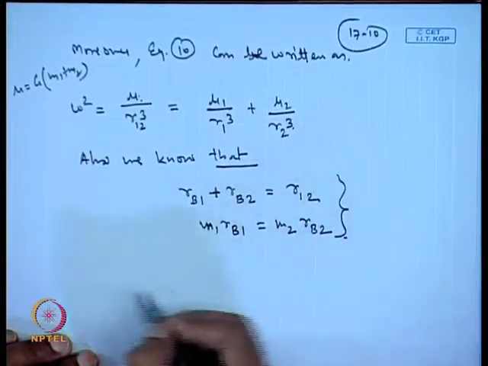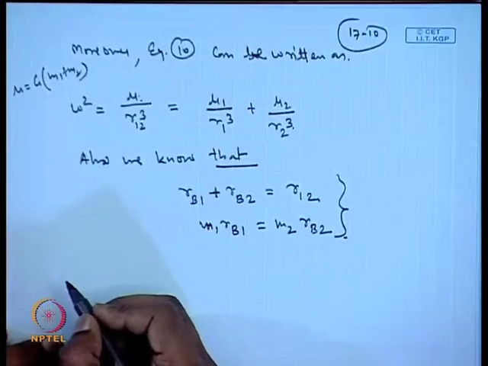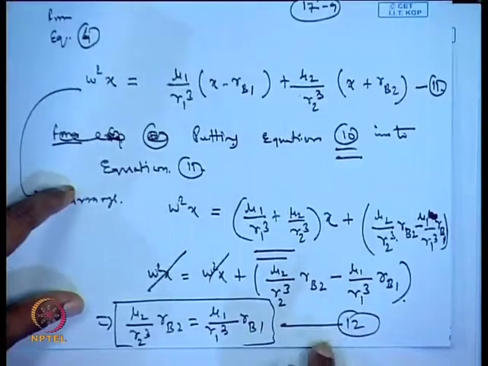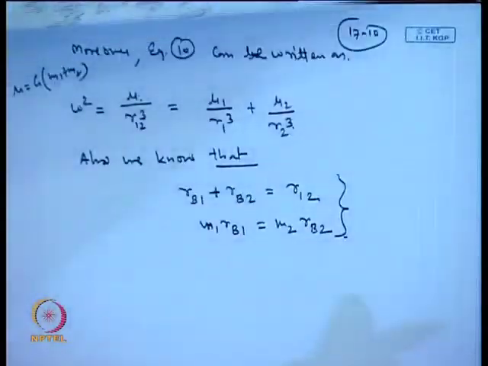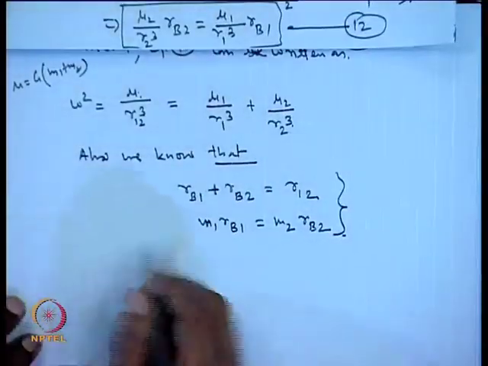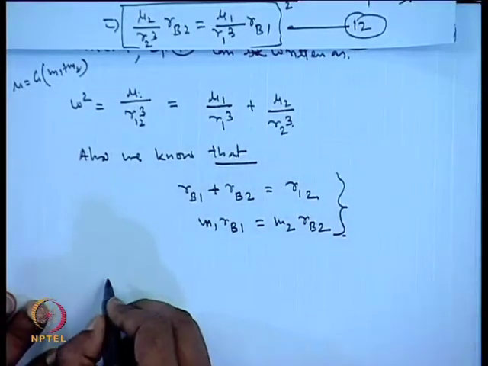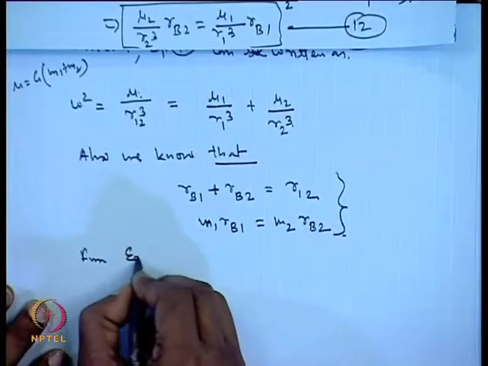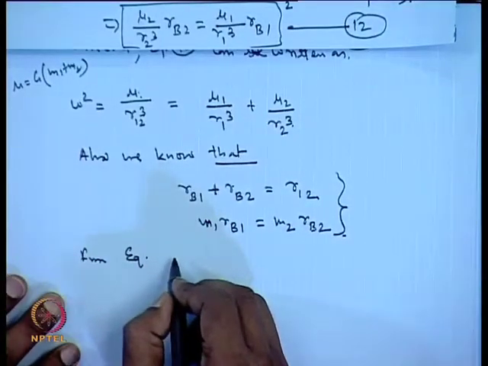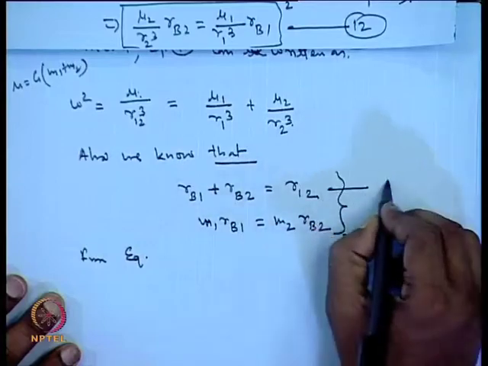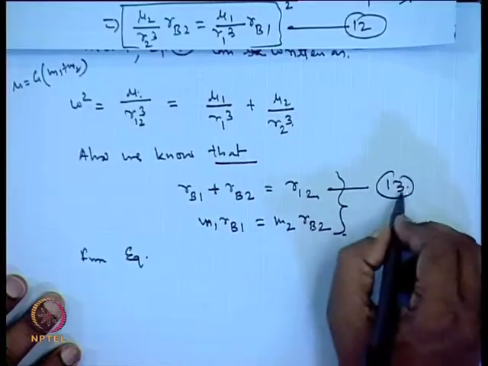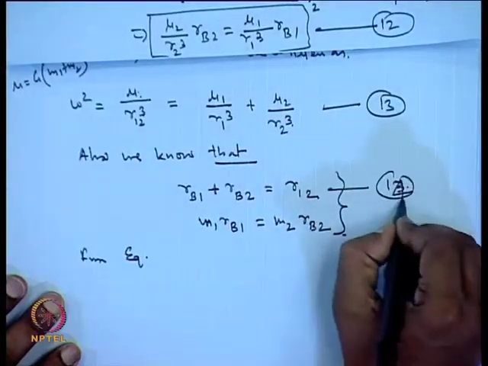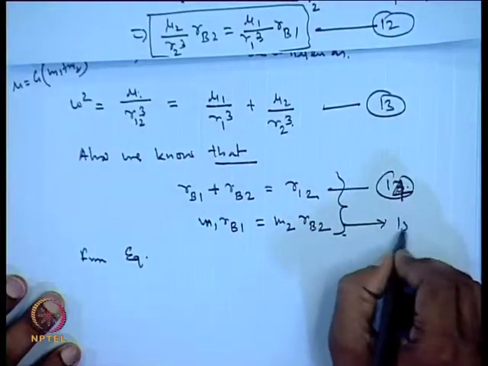So, these two results can be utilized along with the equation that we have just now written, equation number 12, to derive useful results. So, this we can write as 12, this is 13, this we can term as 14, and this is 15.